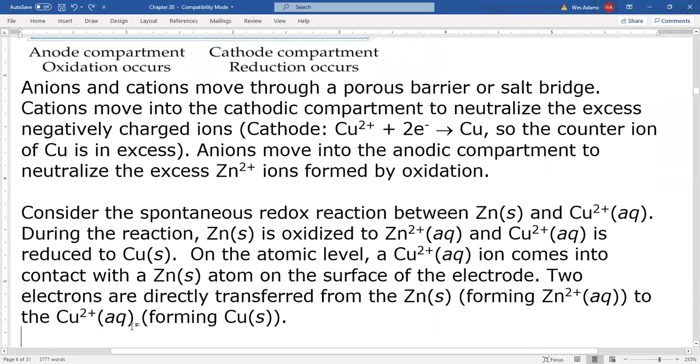So with spontaneous redox reactions such as that between zinc and copper 2 plus, you're going to get an oxidation of the zinc, a reduction of the copper. On an atomic level, the copper ion comes into contact with a zinc atom if they're in the same compartment, allowing that redox to occur directly, or the electrons travel via the circuit and cause it to occur indirectly.